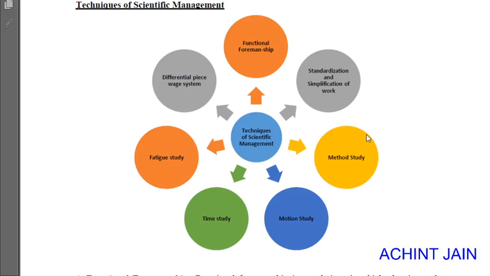For example, if it is observed through motion study that a worker has to move frequently to take tools from the toolbox, then such unnecessary movements can be eliminated by keeping the toolbox near the worker. It will not only increase the productivity but also the efficiency level.